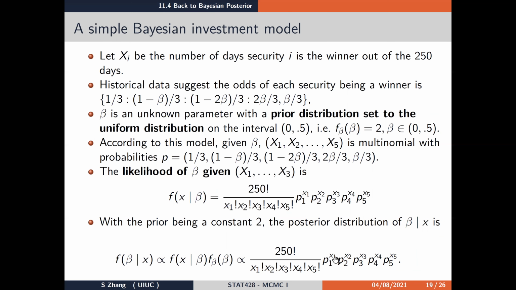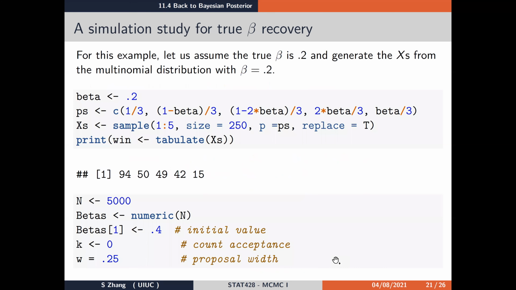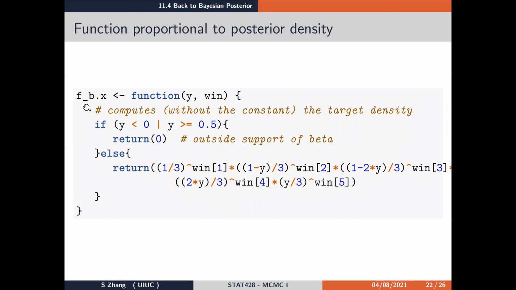So we can just take this part. This is essentially what this function does. If we have a beta value that's outside of the support, so outside of the interval from 0 to 0.5, it will return 0, meaning that the posterior density should be 0. Otherwise, it will return p1 to the x1 power times p2 to the x2 power, etc., times p5 to the x5 power.